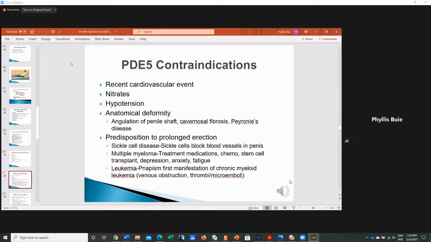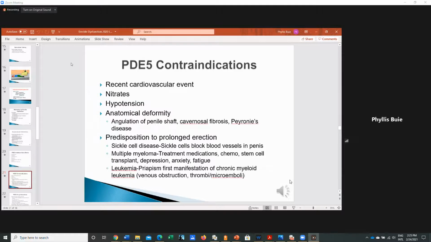So what are some contraindications for the PDE5 drugs? If they've had any type of cardiovascular event, if they've had an MI, if they've had stents, if they've had bypass surgery, anything like that, we want to avoid this group of medications. Nitrates, as I mentioned before, because of the potential of causing a hypotensive episode.